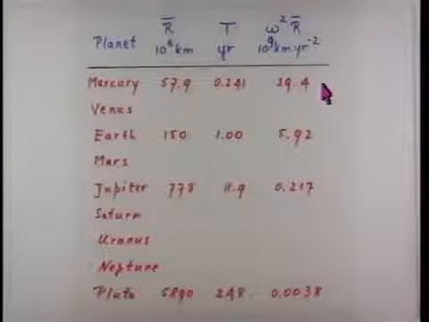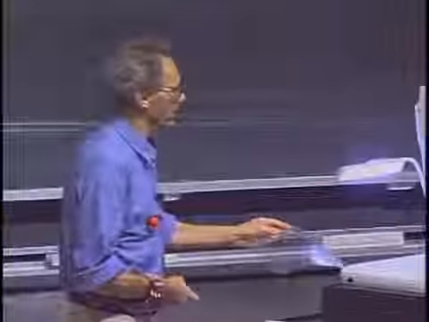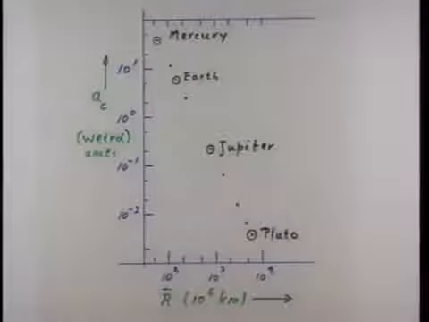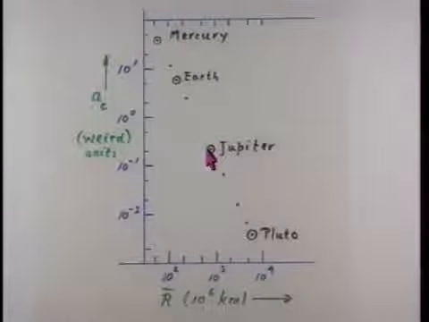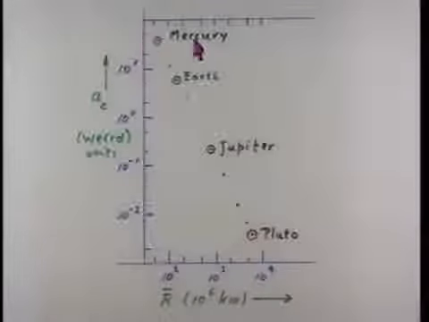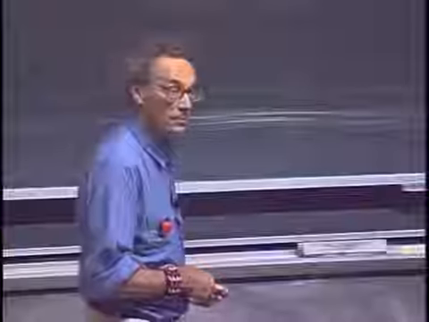So what I did was, I plotted this data, the centripetal acceleration versus the mean distance to the sun, and I did that on log paper. And what is very striking is that all these points, I've done them for all the planets, they fall on a straight line.